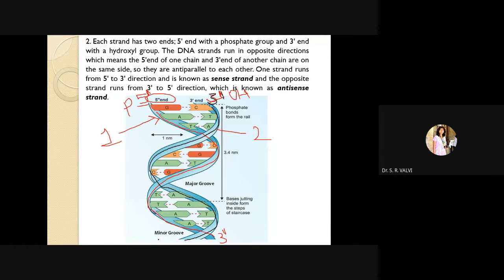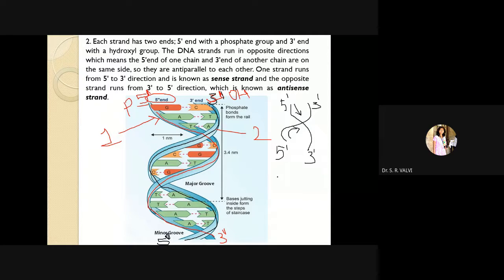And this end is 5 prime. I will draw it very shortly here. If this is 5 prime, its end part would be 3 prime, which runs in this direction, right? And the opposite strand again starts from 5 prime and runs in the opposite direction, and the end is 3 prime.